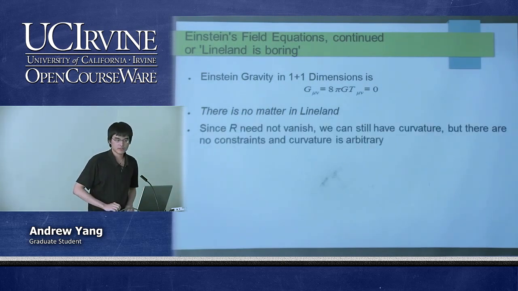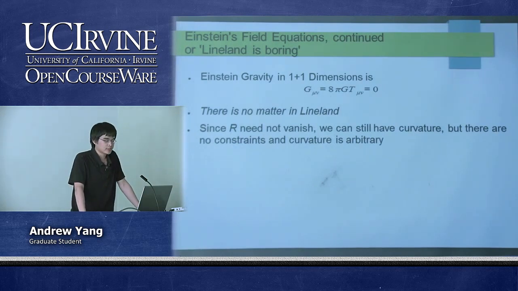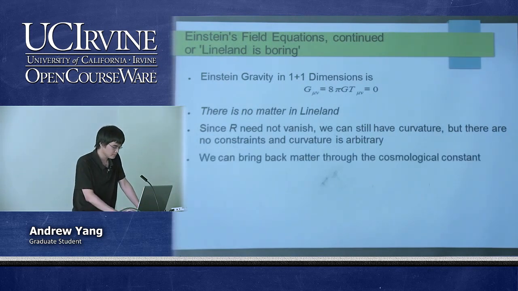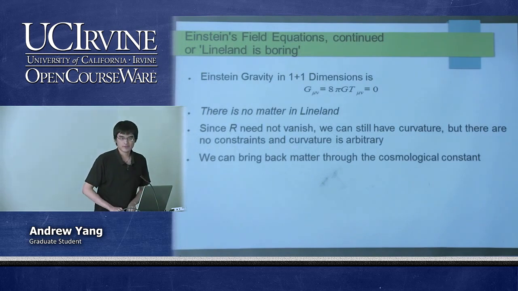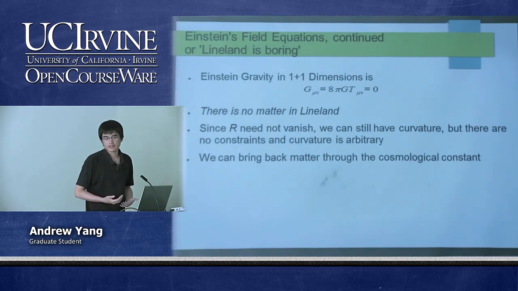However, since the Ricci scalar need not vanish, we can still have curvature, but that just means that we don't really have any constraints on it, and our curvature becomes somewhat arbitrary. Of course, the equation I wrote down is the one without a cosmological constant, so we can sort of bring matter back if we add one.